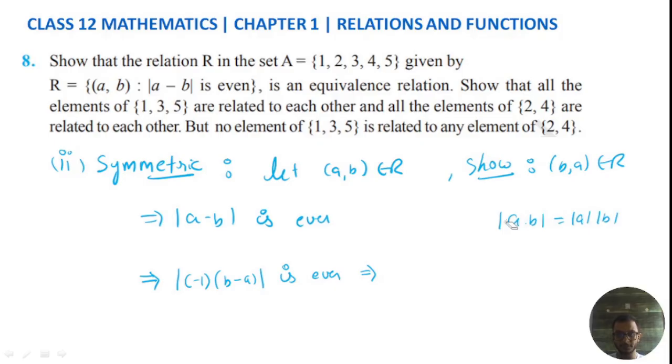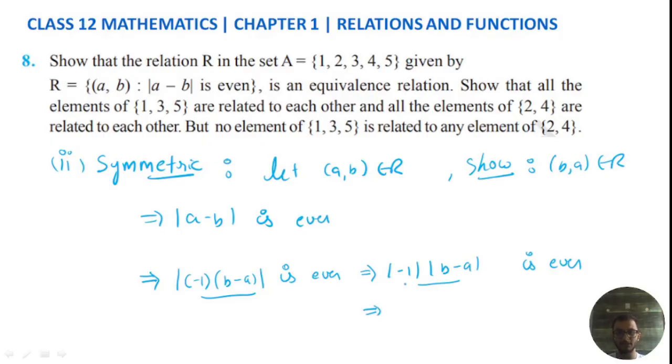You should know this property. I think you would have studied this modulus function in 11th class. So the modulus of this will be modulus of -1 into modulus of (b minus a), which is even, because this was even and this is the same as this, right?